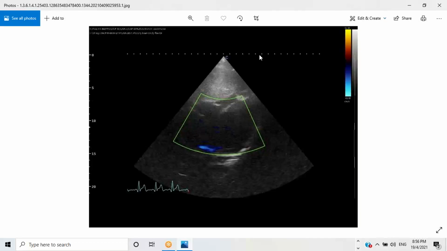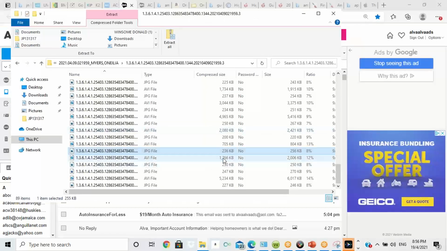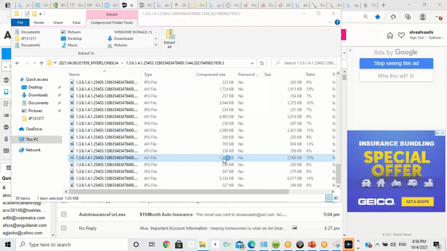But your proper interpretation of Doppler is very, very important. You have to be able to identify the Doppler, and you have to know what it means. So you need to fully understand Dopplers.